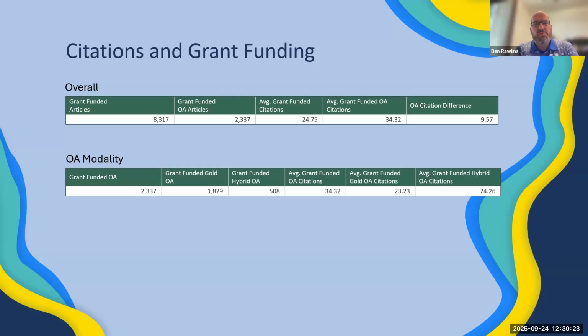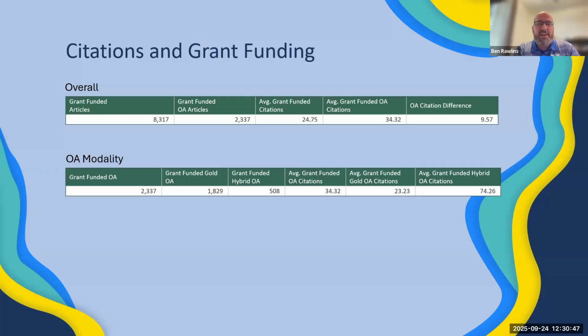Of those, roughly 28%, or just over 2,300 articles, were published open access. Now, one of the key points is that while grant-funded open access articles make up less than a third of all grant-funded research, they do account for 76% of all of the OA publishing by UK authors.